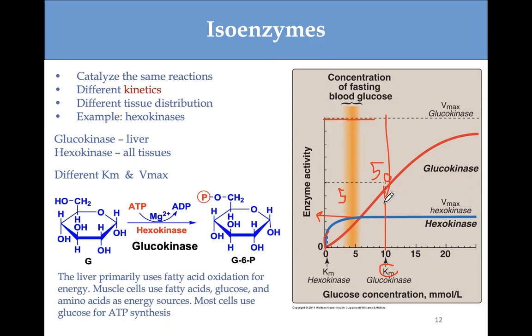So glucokinase will come and take this excess glucose, as opposed to hexokinase, which may take 1 or 2. Glucokinase takes a lot of glucose, not 1, not 2, not 3 molecules, because it needs to store it. So we need more units of glucose. It will come, take this glucose, and convert it into glycogen.